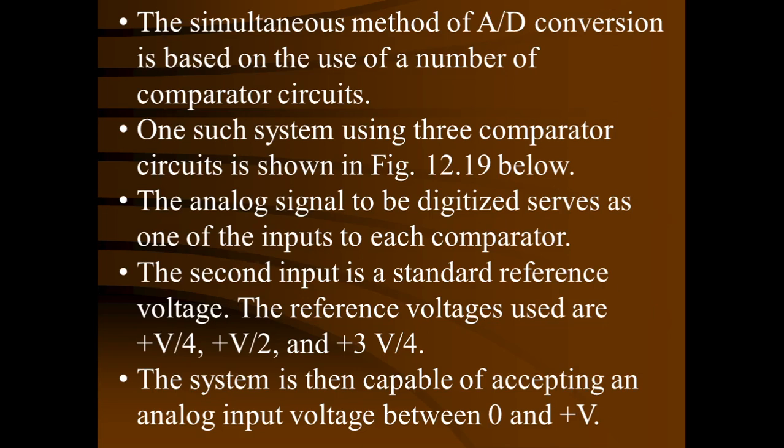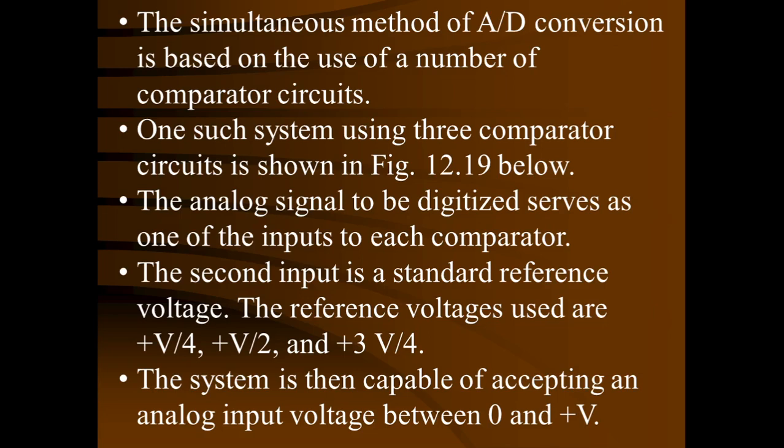The simultaneous method of A to D conversion is based on the use of a number of comparator circuits. Here we are going to utilize a comparator circuit. It may be an op-amp comparator circuit, which has two inputs and one output.